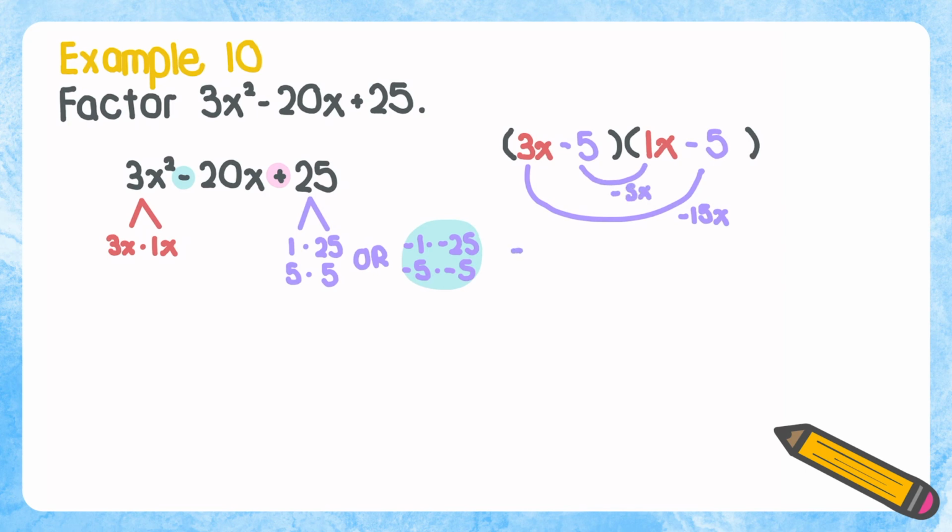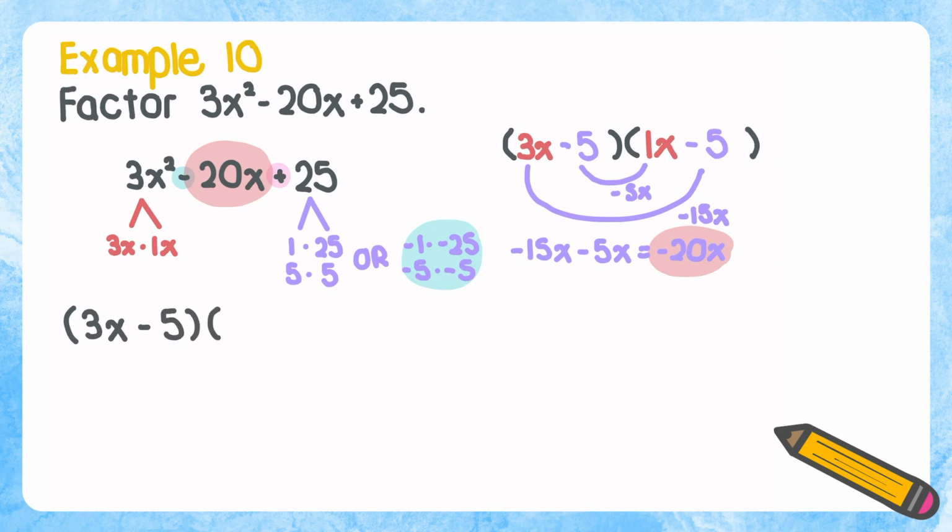And the inside terms multiply to negative 5x. And when I combine these, I get negative 20x. And this is that middle term we were looking for, the negative 20x. So I know that I've factored correctly. So I'm going to write it out. 3x minus 5 times x minus 5.